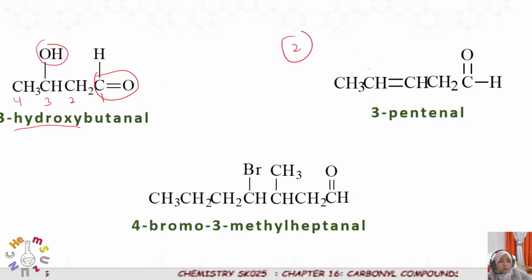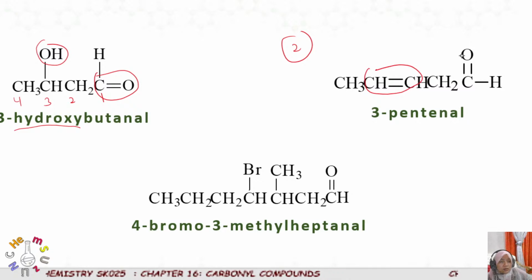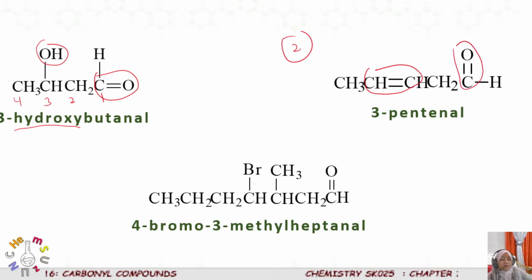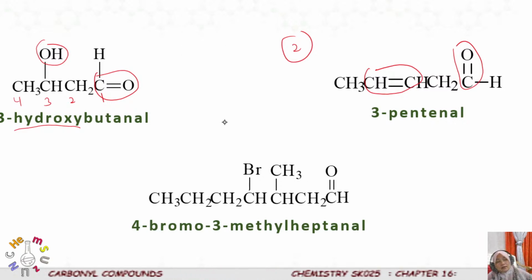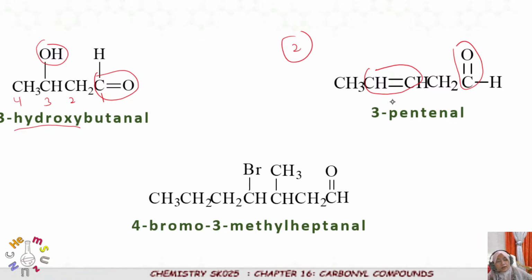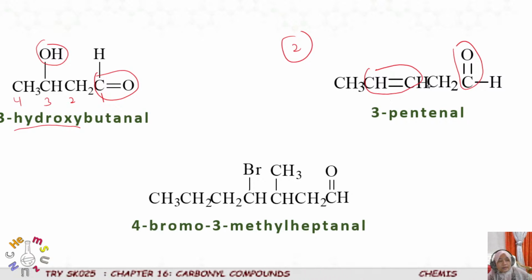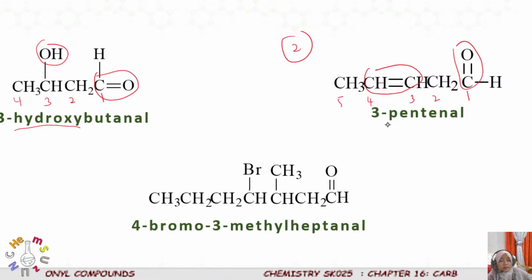Let's look at example number 2. Here we have one functional group and another functional group. We are giving the priority to the carbon double bond with the oxygen. Then this is carbon 1, carbon 2, carbon 3, carbon 4, and carbon 5. So we name it 3-pentenal. Look at how we spell pentenal.